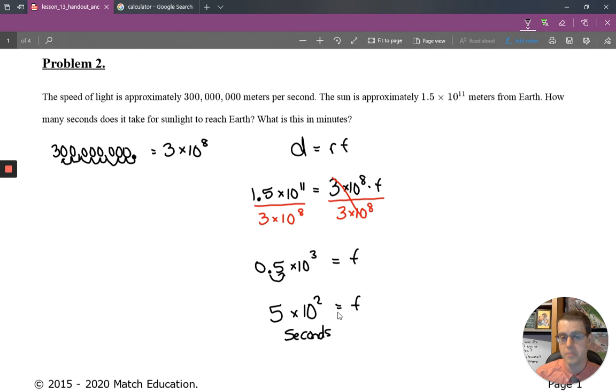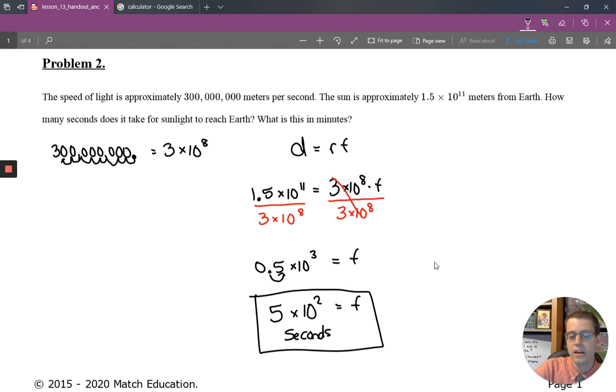Now, in order to get this to minutes, I'm going to be dividing by 60 seconds in a minute. It's helpful to say, if I look at 5 times 10 to the second, that's really 5 times 100, or 500 seconds.